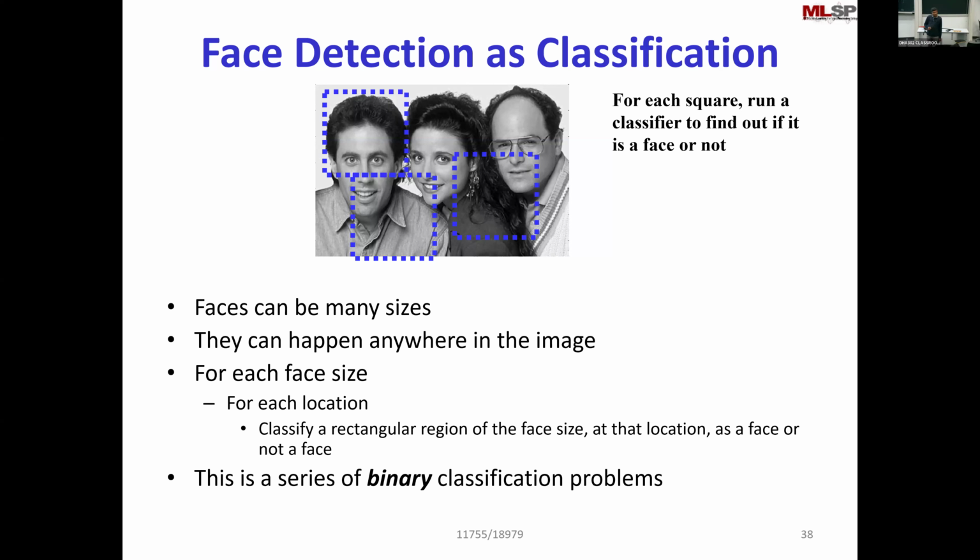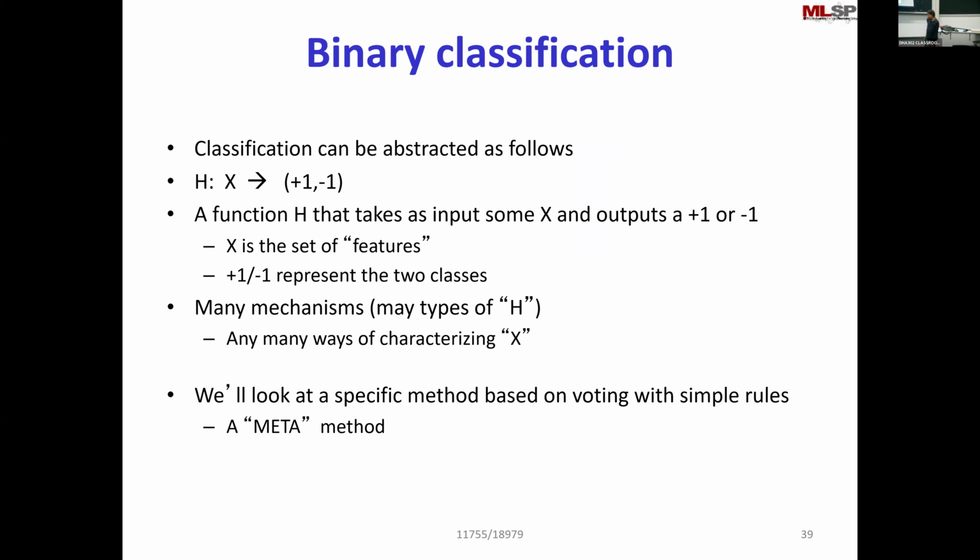For this to work, you're looking at a large series of binary classification problems. And this binary classifier must be highly, highly accurate. You would be extremely unhappy if your classifier began calling trees, ceiling fans, and such like faces. So you have to be precise.